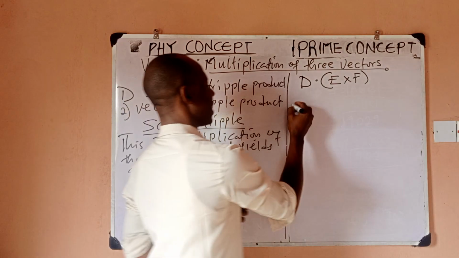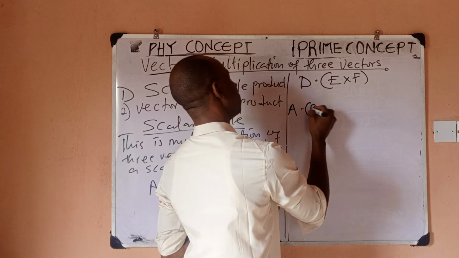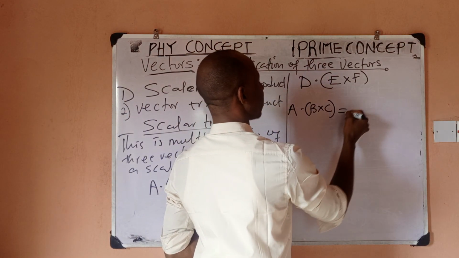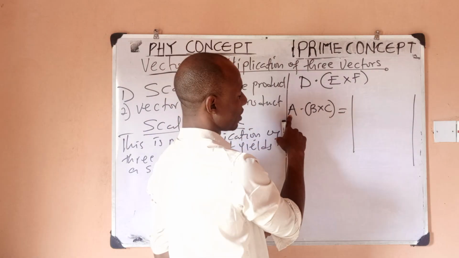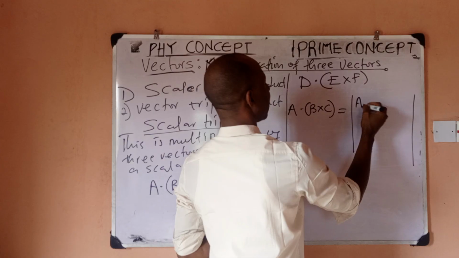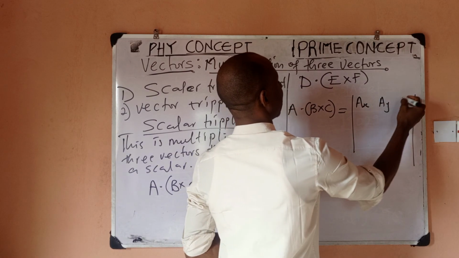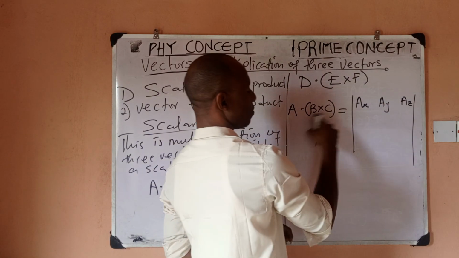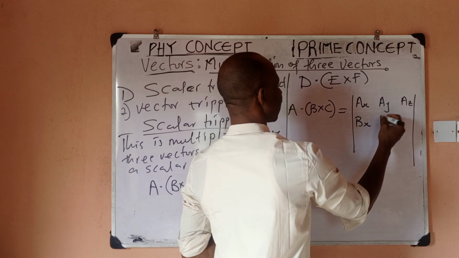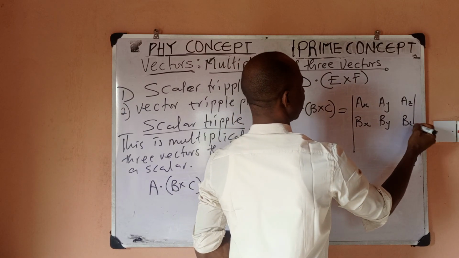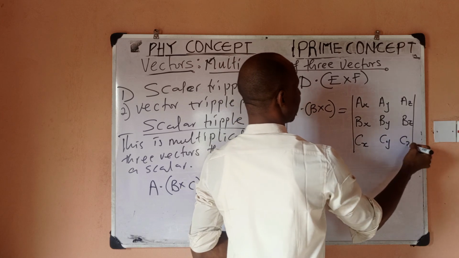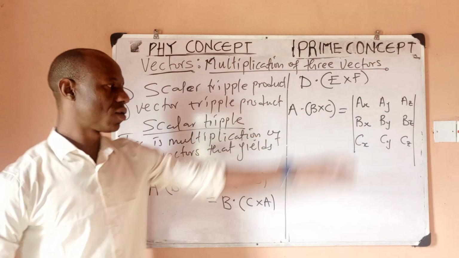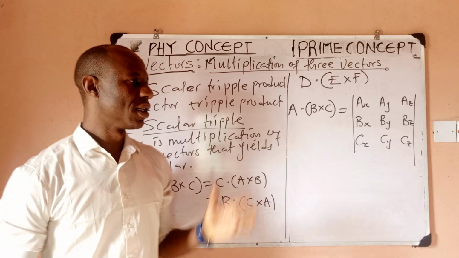So for A dot B cross C, we can use determinants to solve this. I would simply arrange the components of A, which are AX, AY, and AZ, then the components of B, BX, BY, and BZ, then the components of C, CX, CY, CZ. So this is how we solve it. Once you get the determinant, it will give you the correct answer.